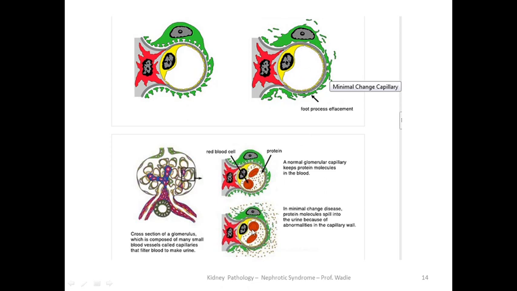This loss of foot processes, as you can see here, leads to leakage of protein from the intravascular compartment to the urinary space, and then it goes outside through the tubules.